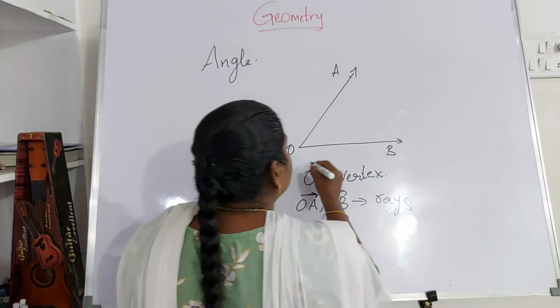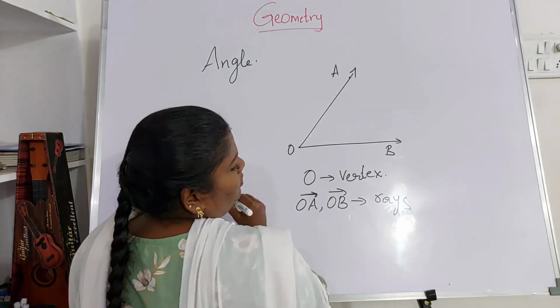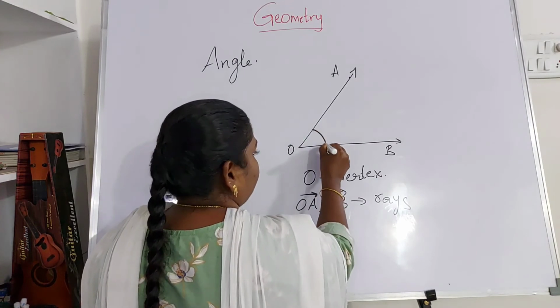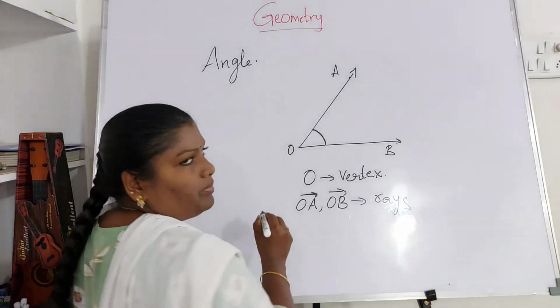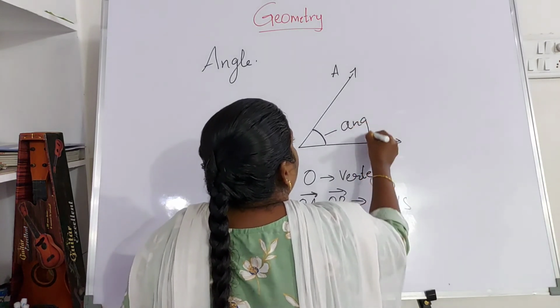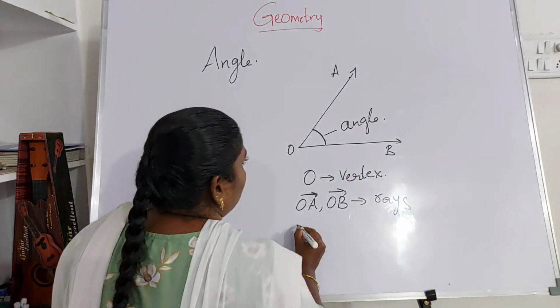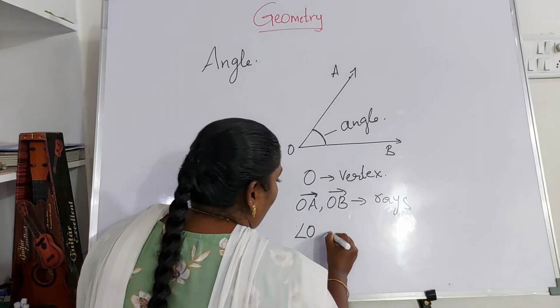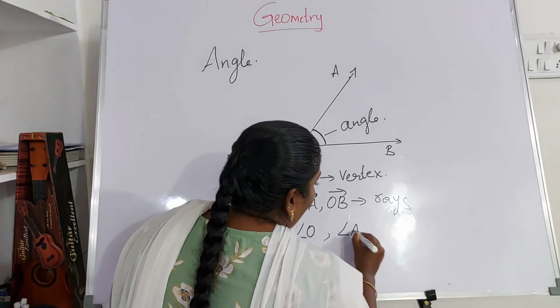Because these 2 rays are meeting at a point, an angle is formed between them. So an angle can be represented as angle O or angle AOB.